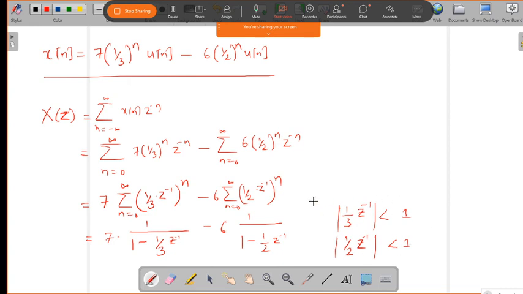So since it lies between both, the convergence lies between these two. We'll see how it will be.